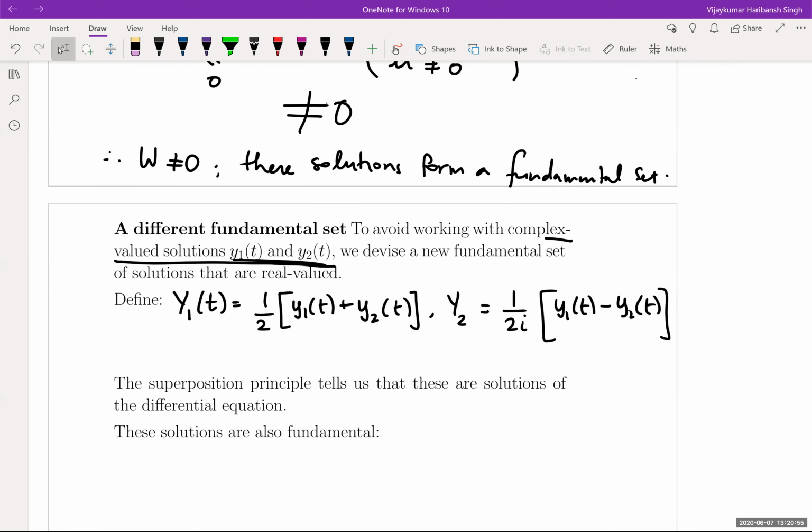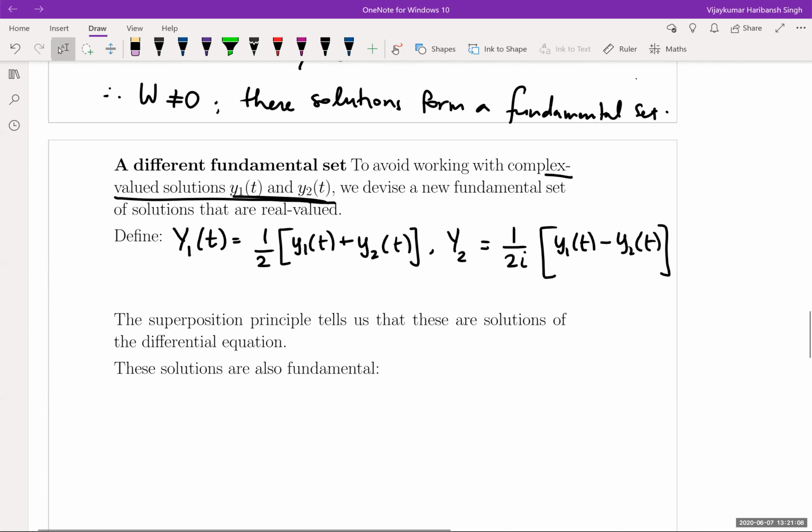Now we want to show that these solutions are fundamental as well. Why are we interested in this? Because you can see that these solutions are not going to be complex. So let's deal with this quickly.